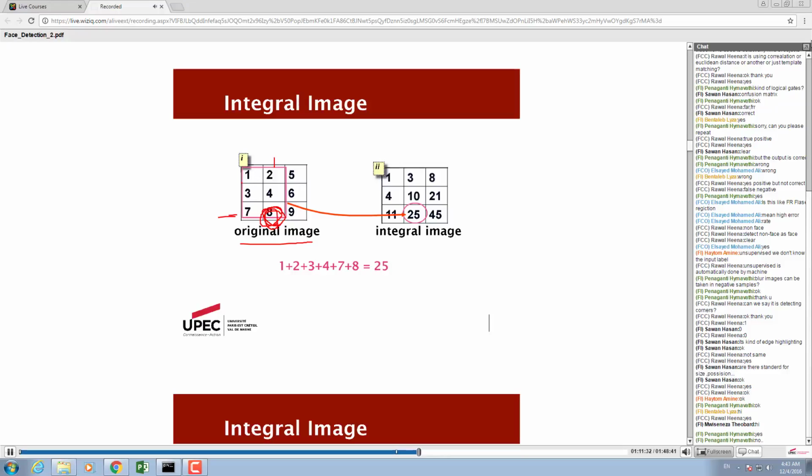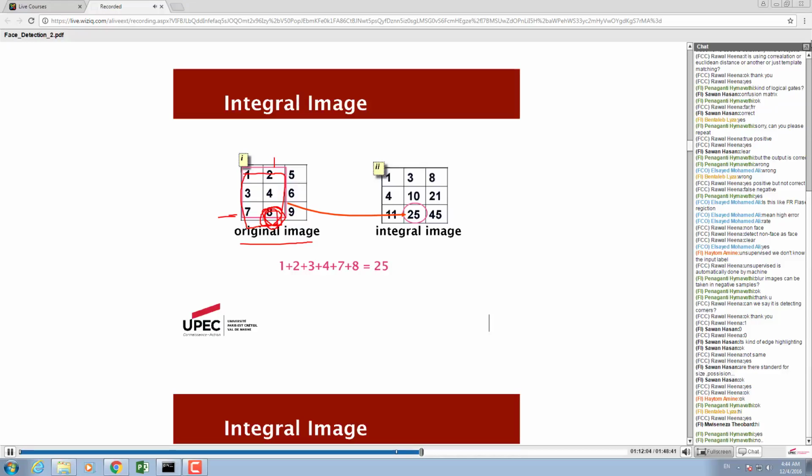This red rectangle represents the rows less than or equal to the current one, 3: 1, 2, 3. And the columns less than or equal to the current one. So it is representing this area from position 8. This is the area for integration.